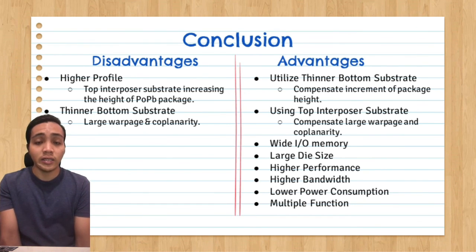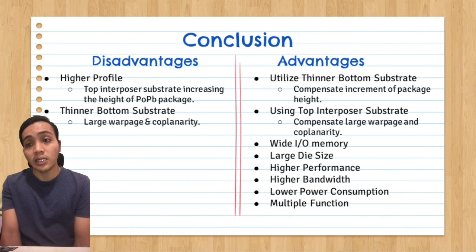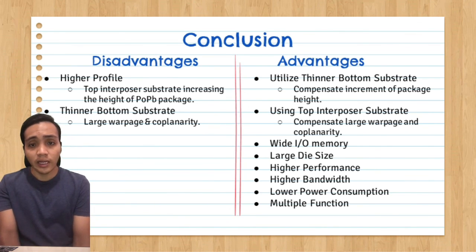But in terms of advantages, because iPoP utilizes a thinner bottom substrate, it compensates for the increment of package height from the top interposer substrate, and the top interposer substrate compensates for the warpage and coplanarity of the thinner bottom substrate. By these two advantages, I can conclude this is a stable package system.